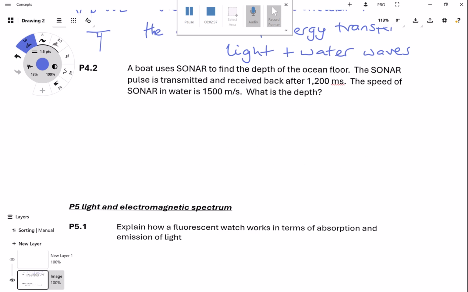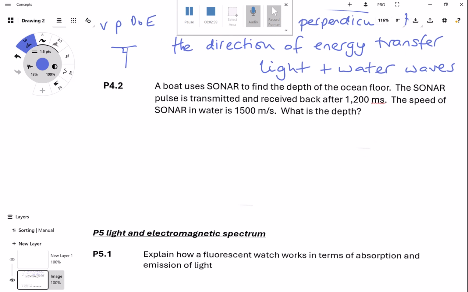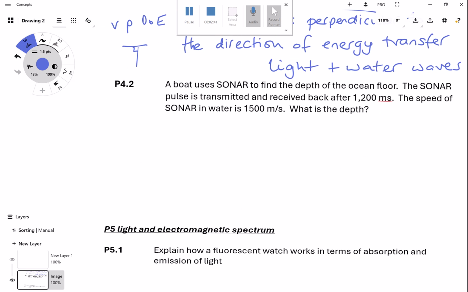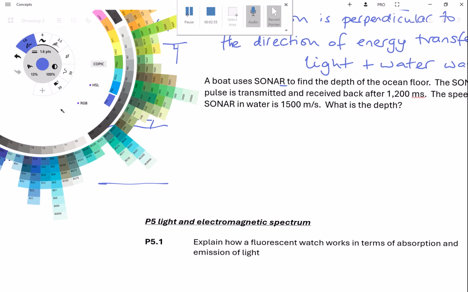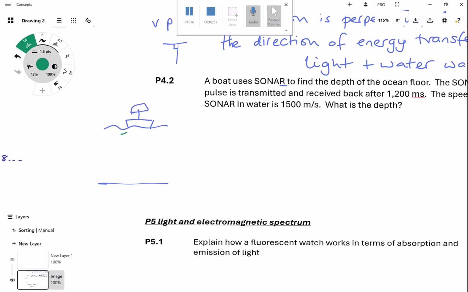Now the next part is we've got a boat using sonar to find the depth of the ocean floor. So how sonar works is, imagine there's the sea, there's the floor. We're going to send a sound wave, and this last part is about ranging, so you can use it to find distance. The boat is going to send out a sound wave, that's going to reflect off the floor and go back.